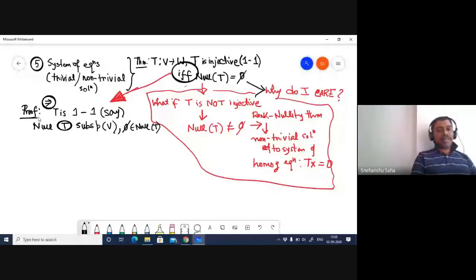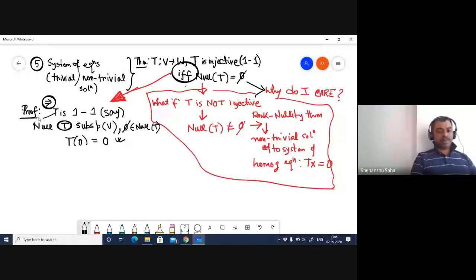And we know that by virtue of the linear transformation property, if you apply a linear transformation to the 0 vector, you will be mapped to 0. Now T is 1 to 1.